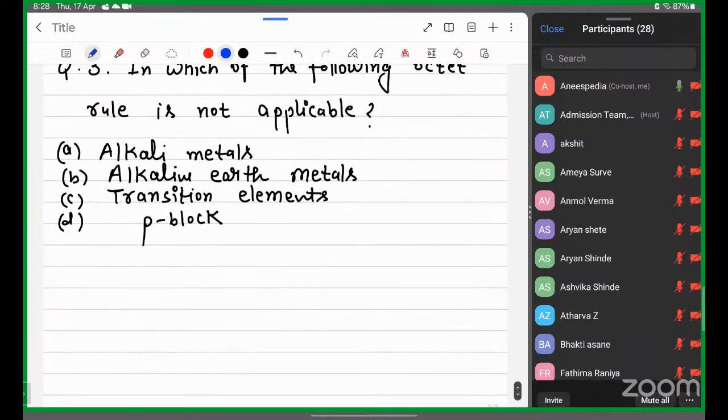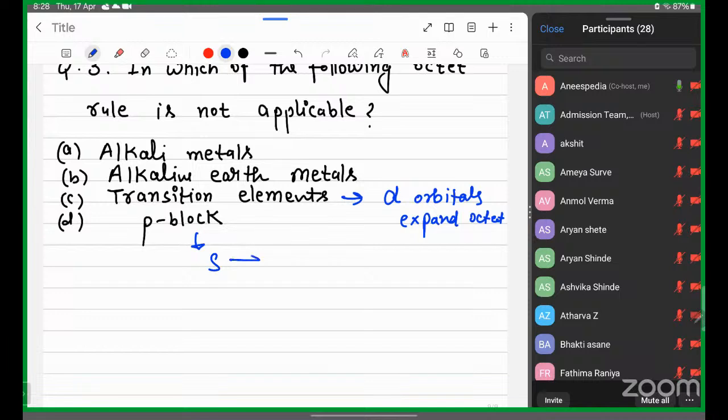Yes, any idea? According to me, transition elements have d orbitals and they can expand their octet. The same is true for some elements of p block, for example sulfur.